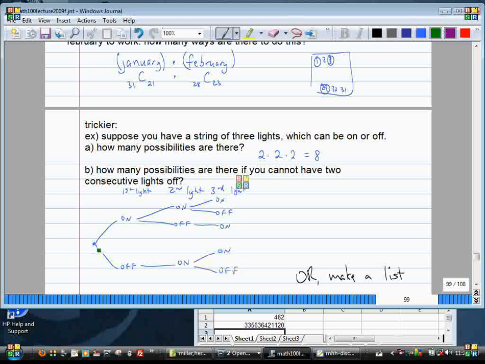So remember, read this across. So what does this say? This last combination on the tree is off, on, off. Is that acceptable? Yes, because what does it say? You cannot have 2 consecutive lights off. Not 2 total, 2 consecutive. You understand?